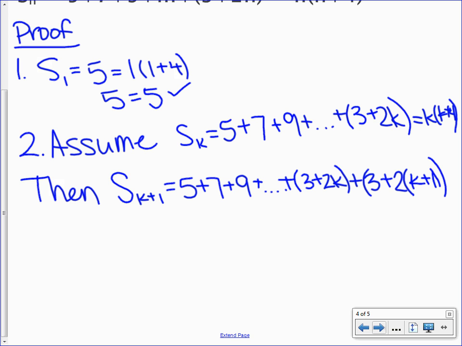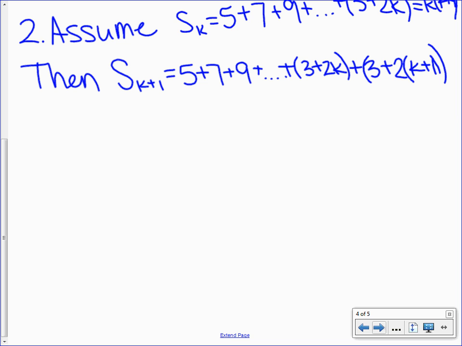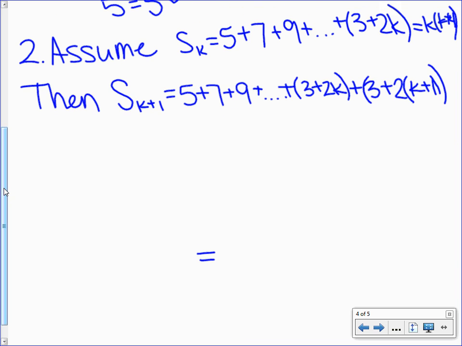If I'm summing up the k plus 1 sum, I'm adding up the first k plus 1 terms. Now, we don't know what this equals, but we want to show that it equals k plus 1 multiplied by k plus 1 plus 4, so, times k plus 5.